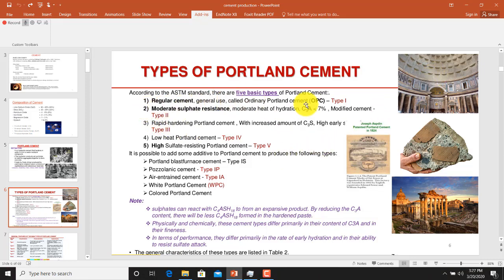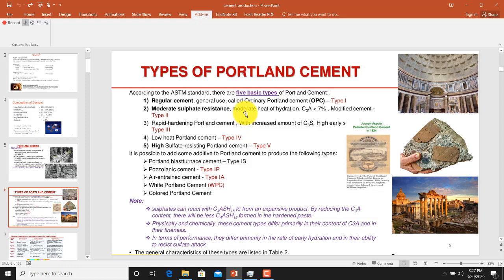In Portland cement, I have explained the composition of a Portland cement. Well, if you define the different types of cement, these cements are based on their applications. They are based on their admixtures.